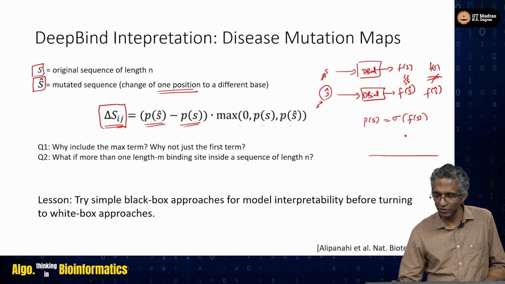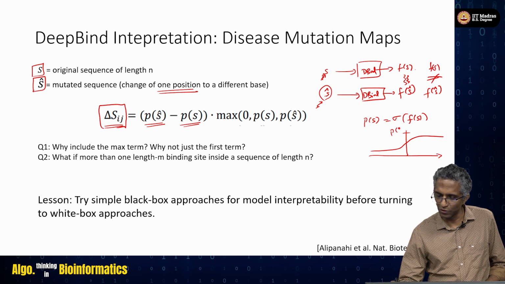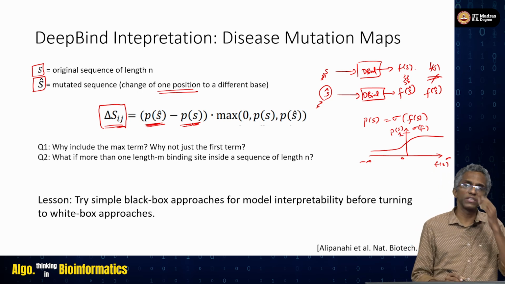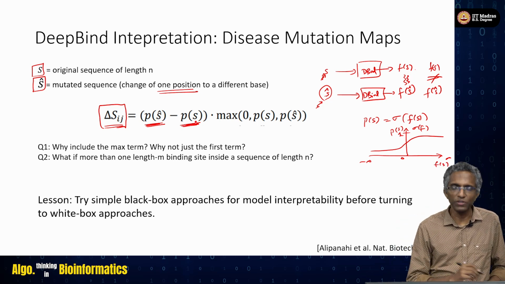So, f of s is going to be some value between negative infinity and positive infinity, and p of s is just sigma of f, which is between 0 and 1. This p of s is the probability of the sequence to bind the particular protein of interest, using the model for that protein.